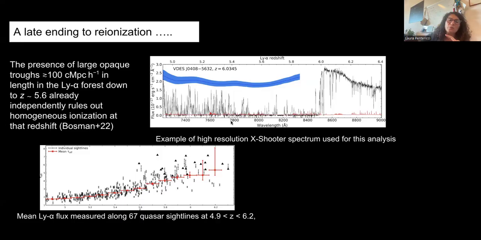And so in this survey of, I think, 30 quasars observed with very high resolution, they found that even at a redshift as low as 5.5, 5.6, you already have some large opaque troughs. So basically, you still have some patches of neutral hydrogen at this low redshift.